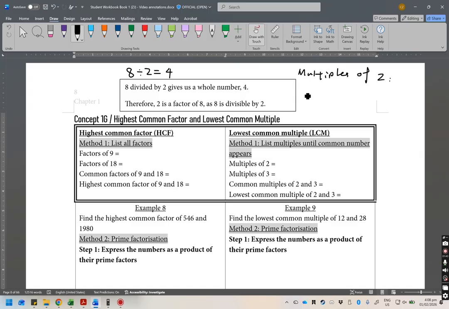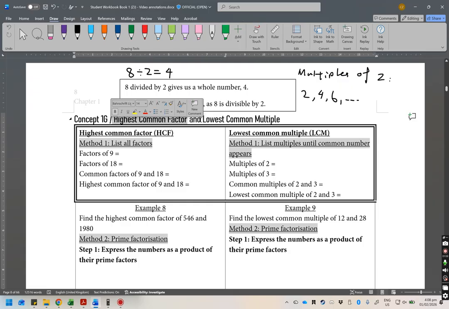So 2 times 1 gives you 2, 2 times 2 gives you 4, 2 times 3 gives you 6, and so on. Okay? So we are going to learn then what is the highest common factor and lowest common multiple.